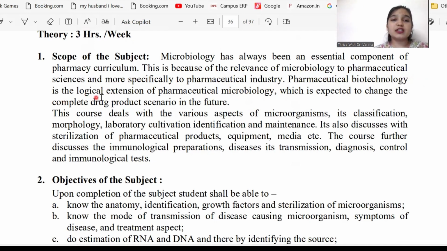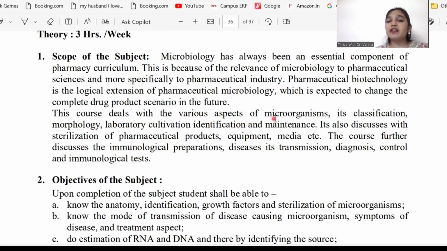Pharmaceutical biotechnology is the logical extension of pharmaceutical microbiology, which is expected to change the complete drug product scenario in the future. So if you want to work in the pharmaceutical industry, specifically in pharmaceutical biotechnology, then you have to have the knowledge of pharmaceutical microbiology. And that's why you will be studying this topic.